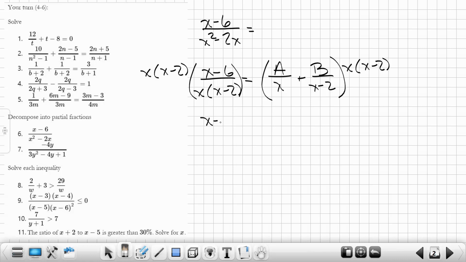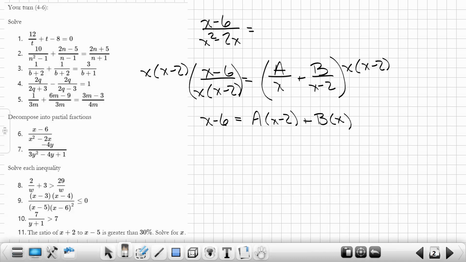So I have x minus 6 on the left equals a times x minus 2 plus b times x. And that's the same concept that we talked about earlier on what one thing cancels, one thing does not. I want to get rid of all denominators, so I multiply by the common denominator. This has an x times x minus 2, and that's going to cancel the x and the x minus 2 as well here.